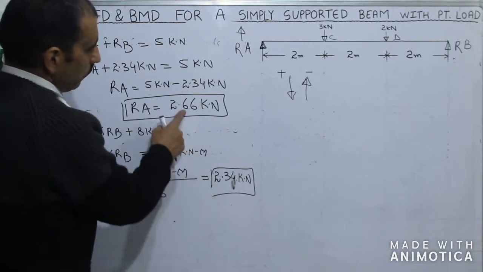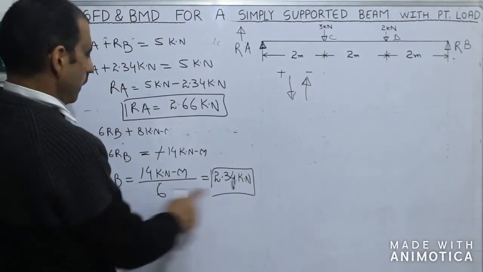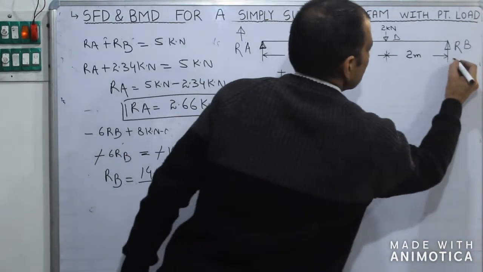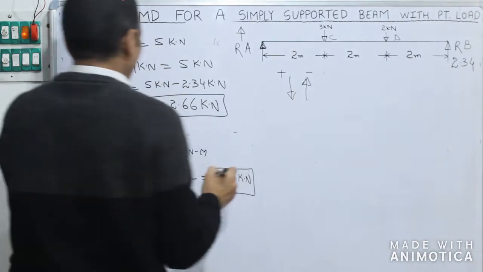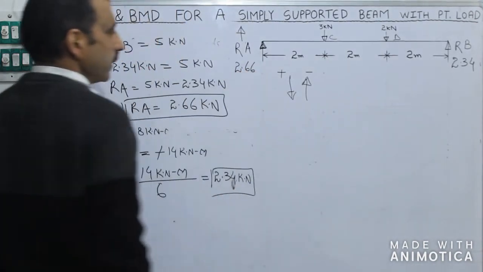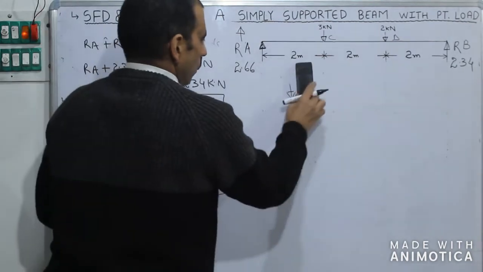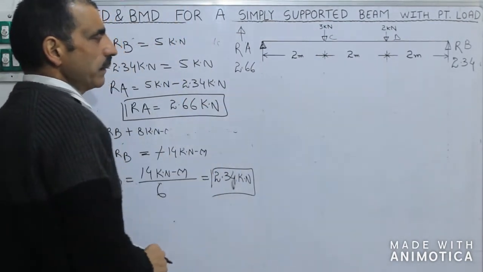If we add them, we will get the total load. That is RB is 2.34 and RA is 2.66, right? It is okay. We have calculated both reactions. After that, what I will do?